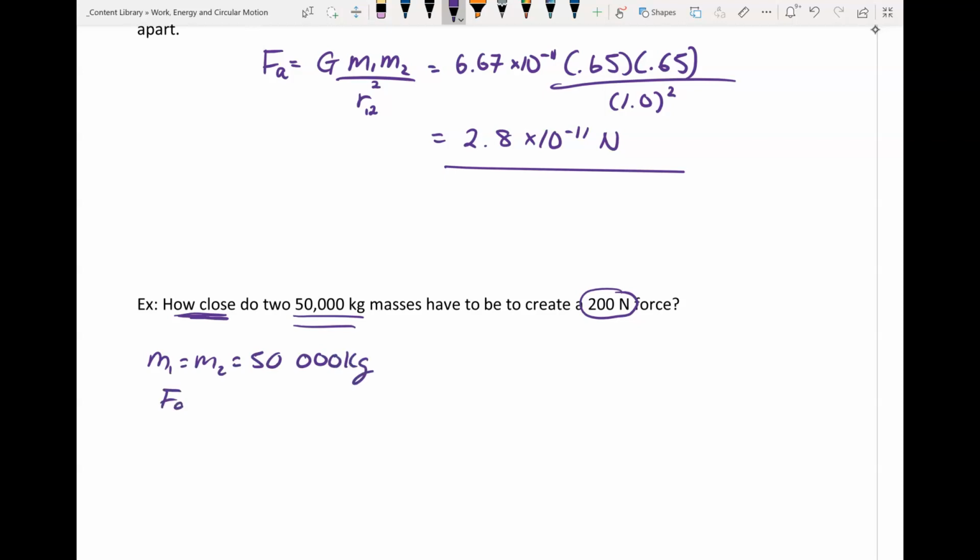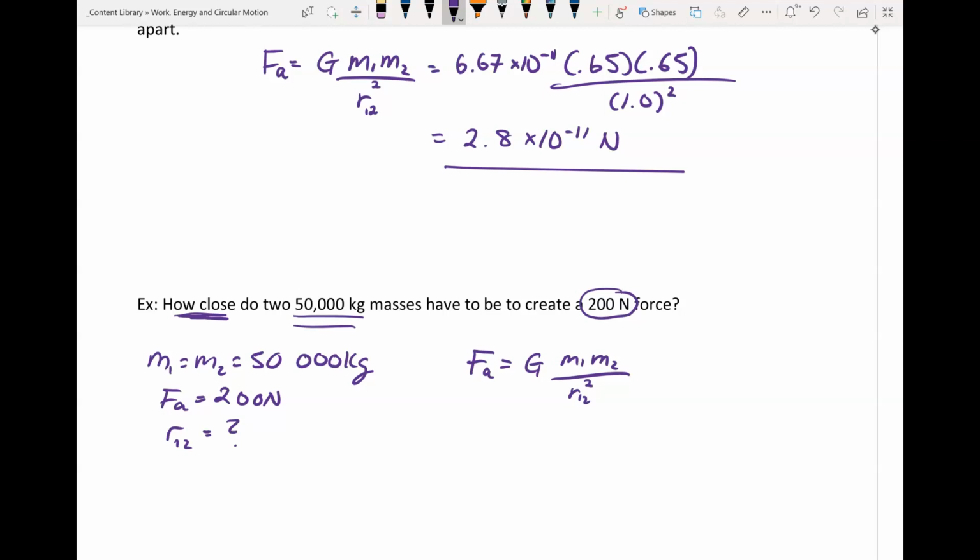We also know the force of attraction, which is 200 newtons, but we're looking for R between 1 and 2, which is the distance between those two masses. So this is our equation.